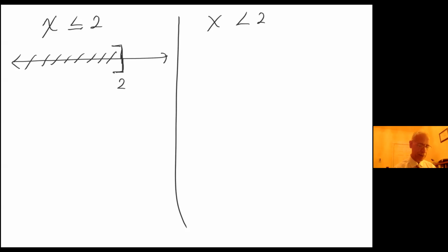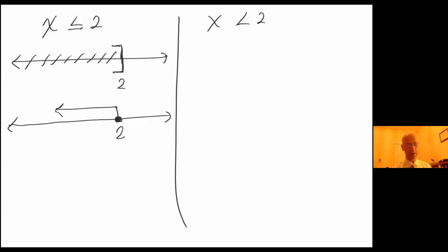The other way is to have a filled little hole, and here's 2, and say, okay, all the values to the left of 2. And of course, you can always say from negative infinity to 2, and 2 is included. So three ways of showing that.